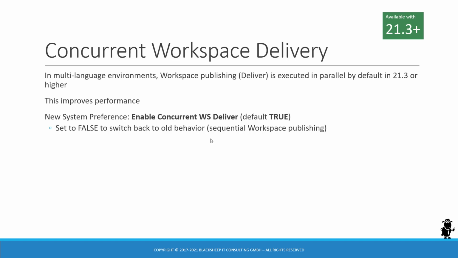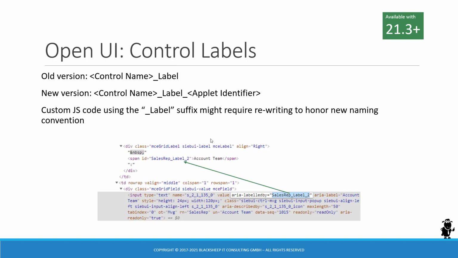In OpenUI, the control labels, the labels that are side by side with controls on form applets, have caused some headaches for developers ever since because they were not easy to spot.